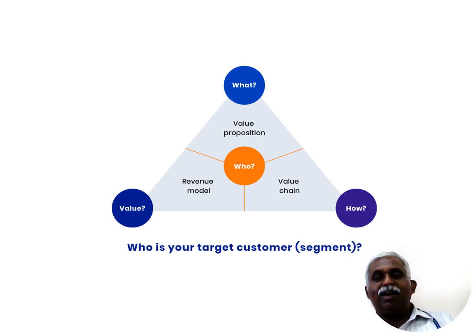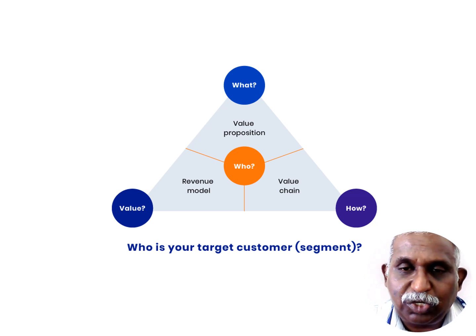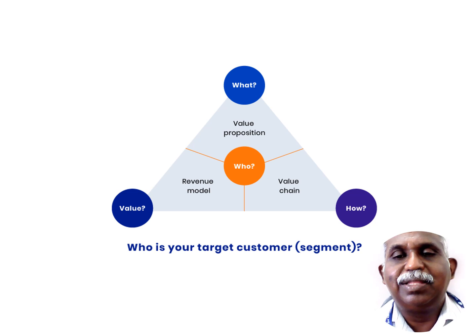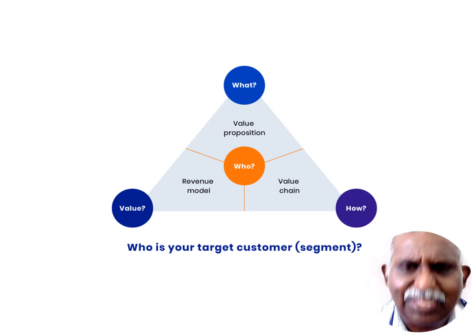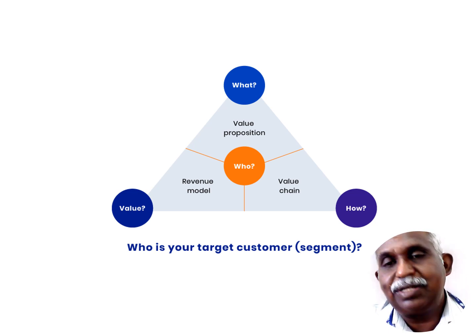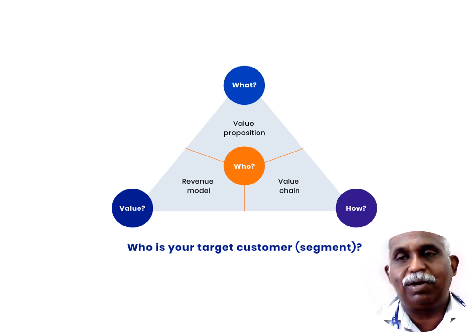Are they interested in your value proposition? If they are interested, how will you take the value proposition to your customer? Then how are you getting value back? Value includes everything here. Value includes happiness, their feedback, and returned money, margin, everything.